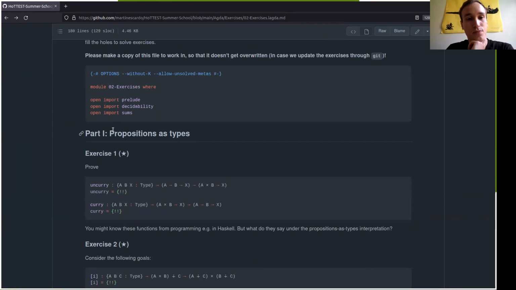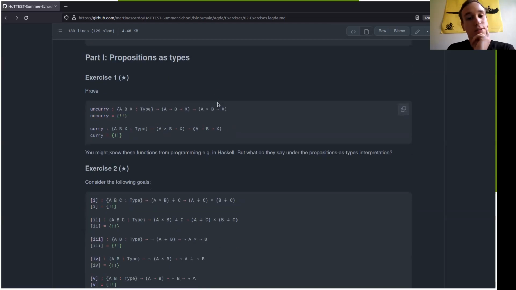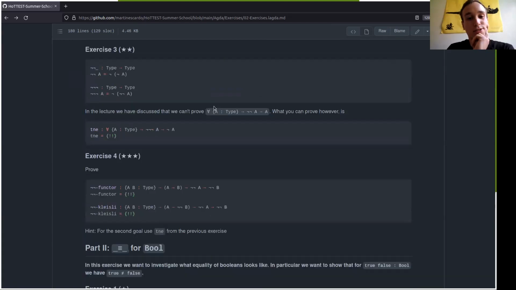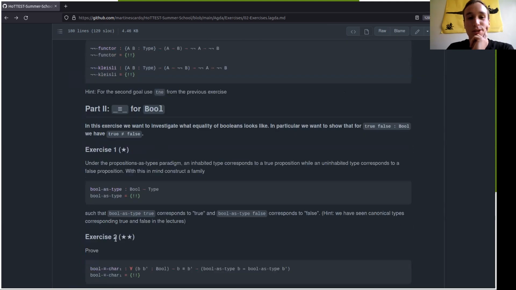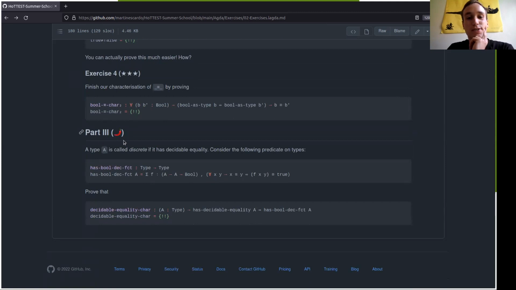So the first exercise is going to be about propositions as types, which Martin talked about in the last lecture. Then the second one is a bit more about the equality type, and in particular, we want to look at what it looks like for Booleans. And then the last part is something that Martin didn't manage to talk about in the lecture, so I don't think we'll have time to look at that as well.